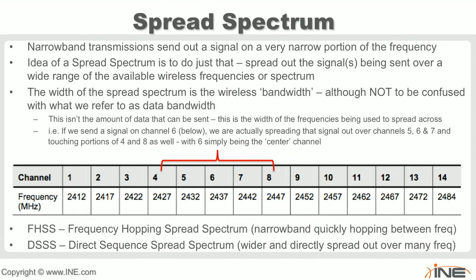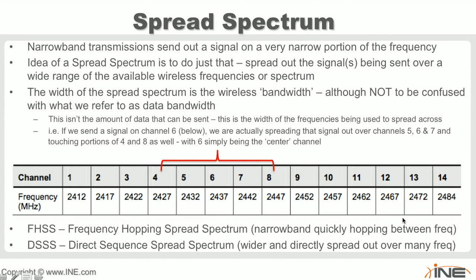We use something called direct sequence spread spectrum, or DSS. And the idea is that it's a wider pattern. It's a wider bandwidth, 20 megahertz, like I said. Later we'll talk about 40 and even much, much higher. With things such as the 802.11ac, we're going to talk about the ability to have 160 megahertz wide channels for extremely high data rates.